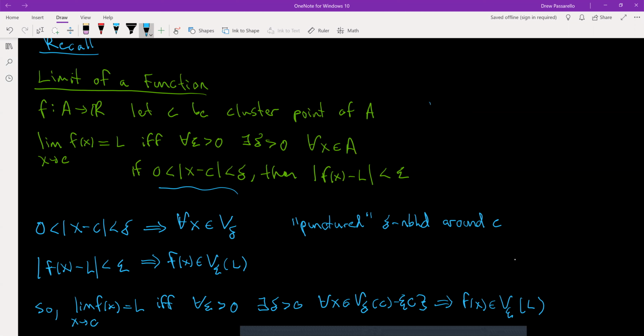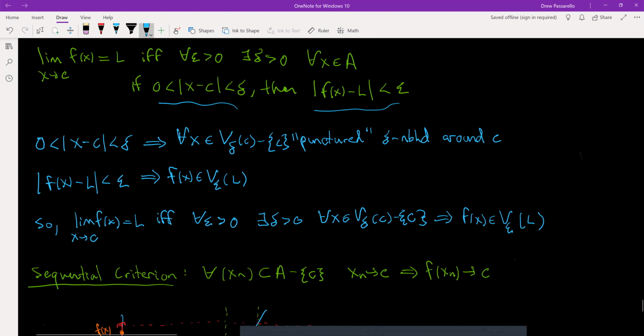In other words, it's all x in the delta neighborhood where x is distinct from c. Then the absolute value of f of x minus L less than epsilon corresponds to any f of x that's in the epsilon neighborhood around L.